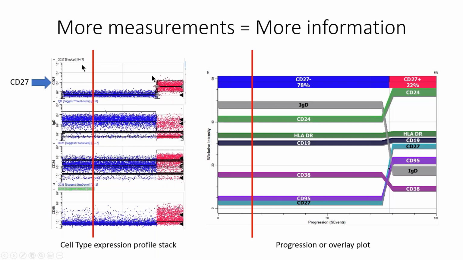If I drew a line down the stack, we can see that the same event would be in the same position in each one of these expression profiles because all of these markers are correlated. This then becomes the basis of the overlay progression plot where you can visualize how the markers change and interact. In this case, it's B cells. We see CD27 here. It upregulates into the memory B cell population.